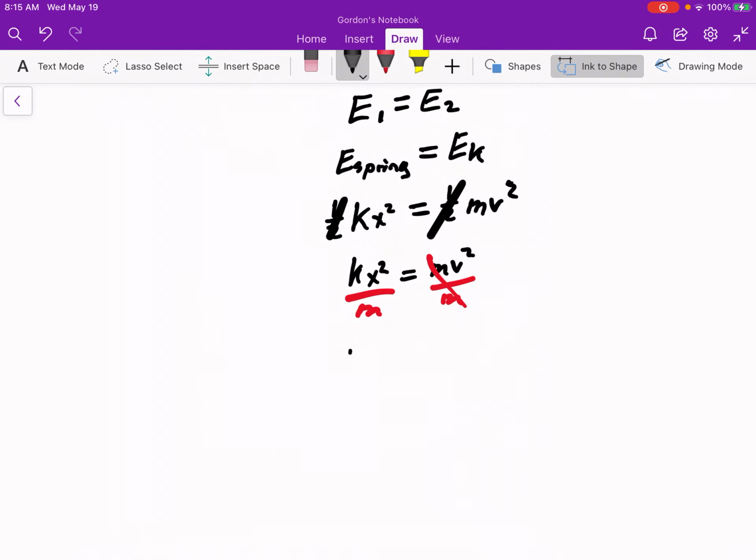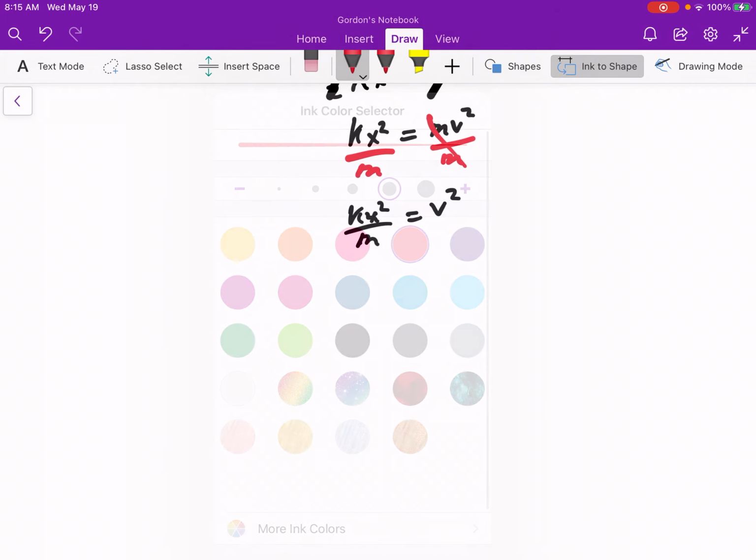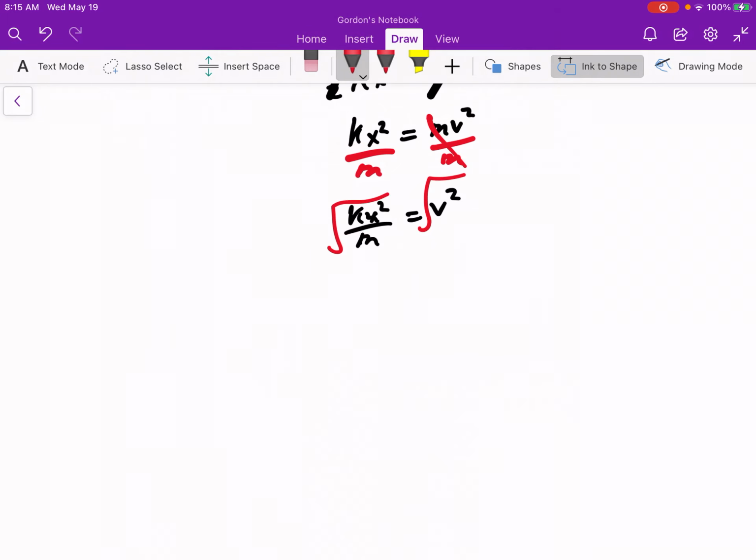And so we have kx squared over m equals v squared. Of course, we're going to have to take the square root of both sides here, which will cancel out our squared. Square root of kx squared over m.